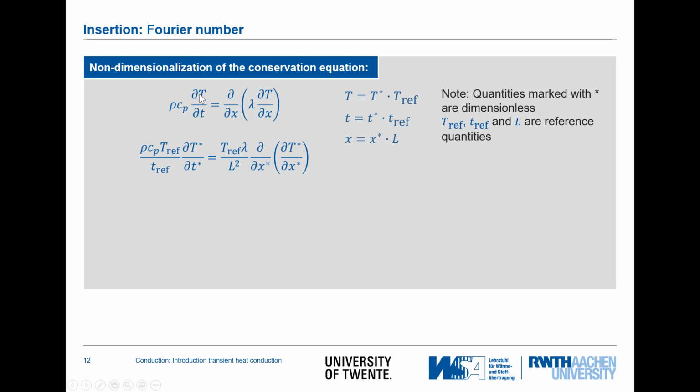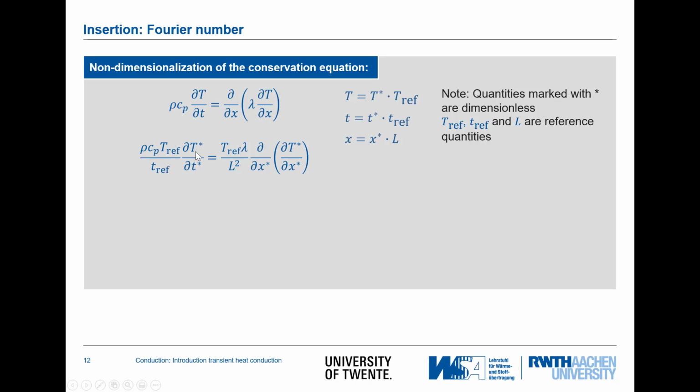Now, replacing the temperature T by T star times T ref and the other variables as well, we know that those reference values are constant, so we can remove them from the partial derivative. And nicely, we end up with a prefactor in front of the first term and also a prefactor in front of the conduction term.